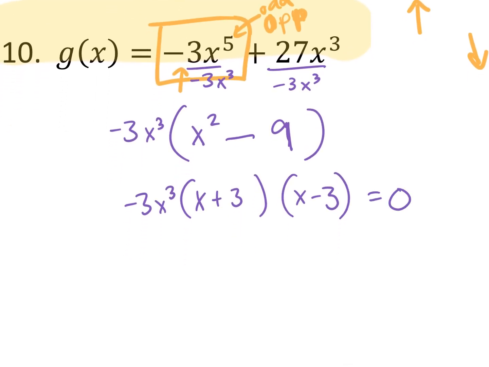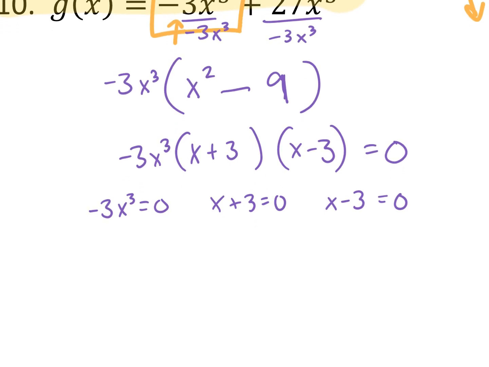So then from here, we just set each one of these equal to 0. So negative 3x cubed equals 0. X plus 3 equals 0. And x minus 3 equals 0. So since I have an x cubed equals 0, I have 3 x's here that equal 0. For my next equation, subtract 3 on both sides, so x is equal to negative 3.